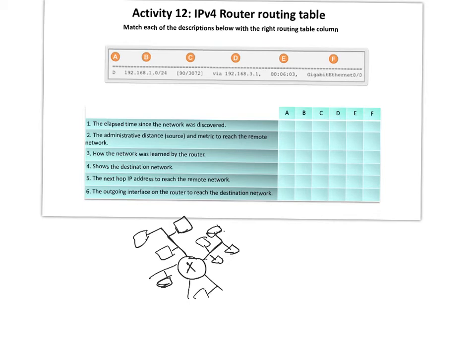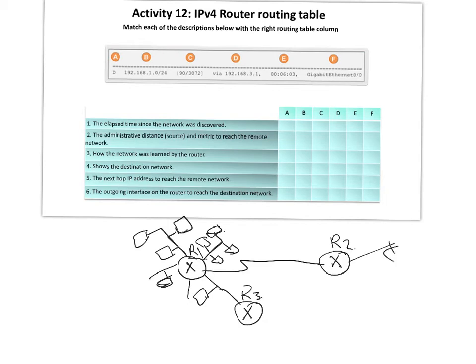And it may have a LAN here, and this LAN is also connected with another router, okay? And this router is connected maybe with a serial point-to-point link to another router, okay? So let's say this is router 1, this is router 2, and this is router 3, okay?